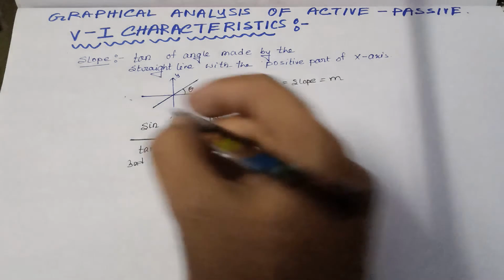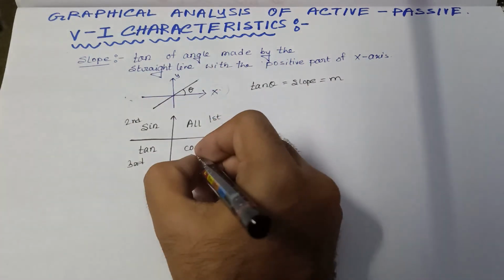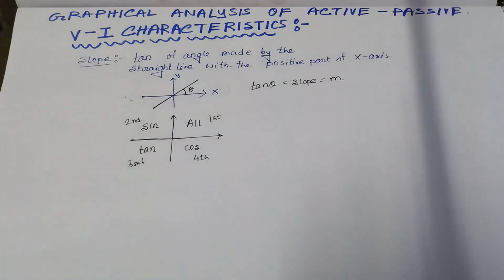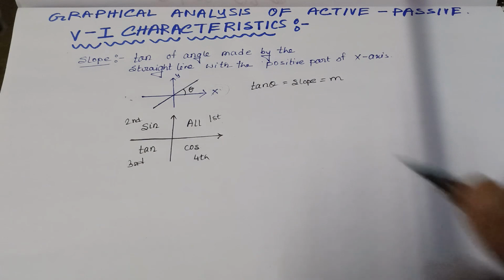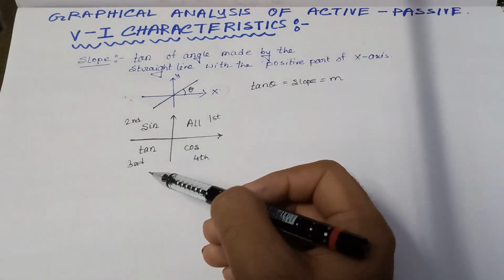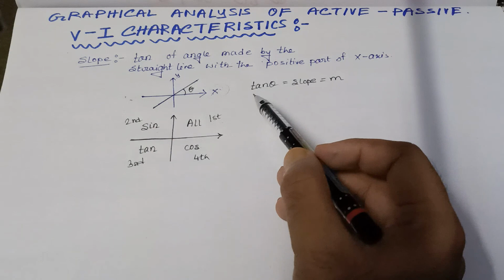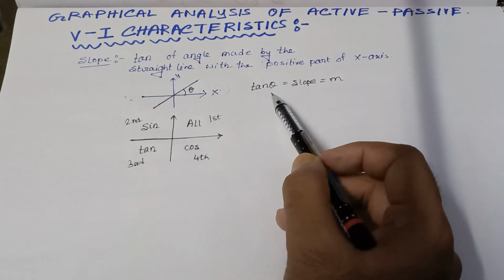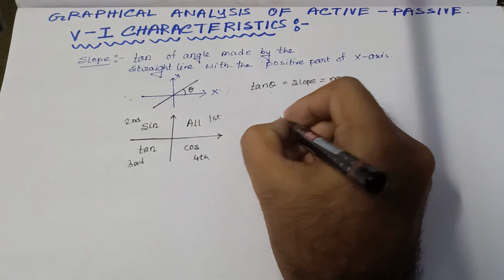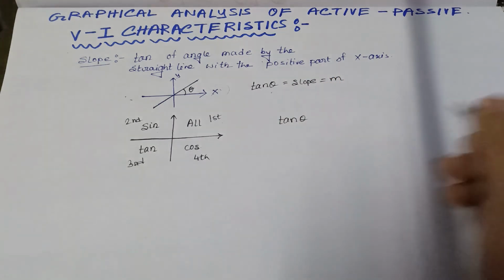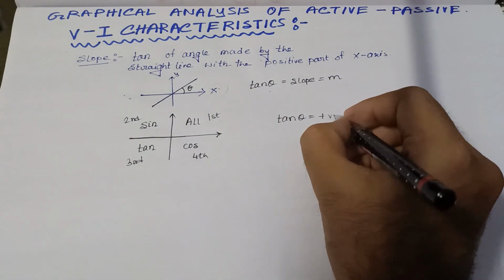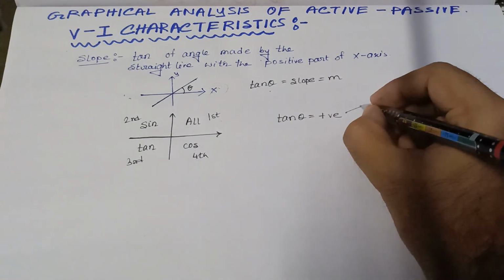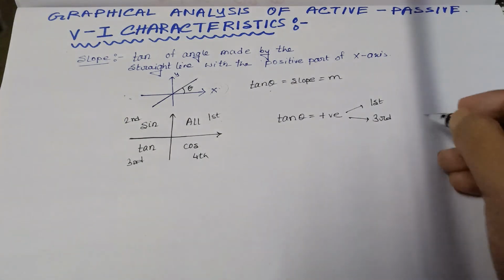In second and fourth quadrant, right? So the value of tan will be positive in first and third quadrant. So what will be the value of tan theta? It is slope. So tell me, when tan theta is positive, tan theta will be positive in first and third quadrant.